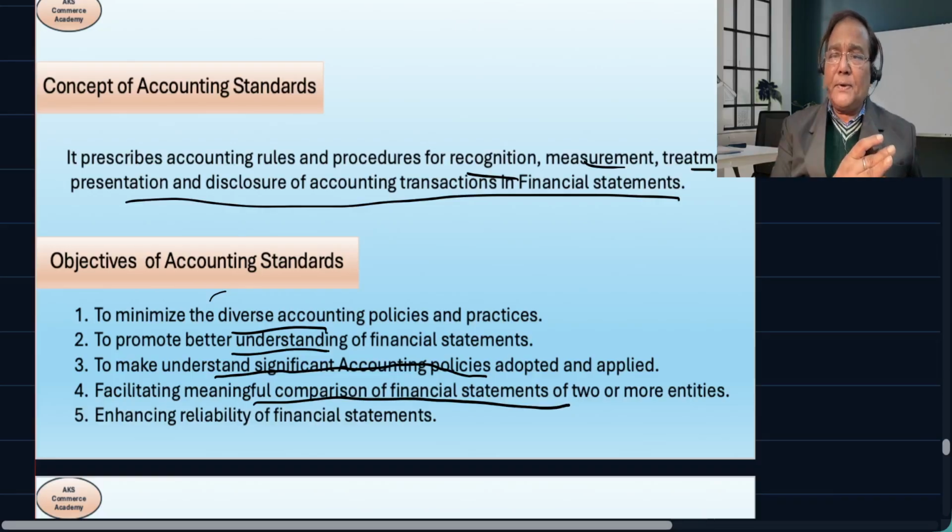So A company can be compared with B company, can be compared with C company, because investors always look out for the companies which are doing good, and they take their decision of going ahead with the investment of that particular company based upon the accounting statements which are published by such companies.